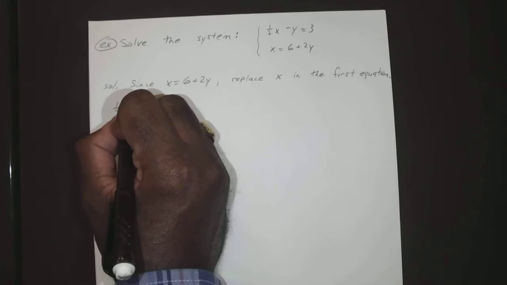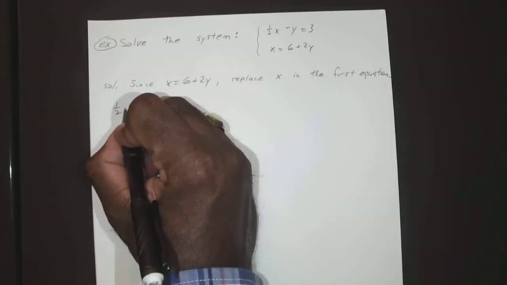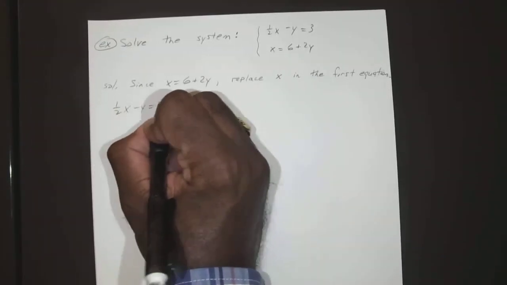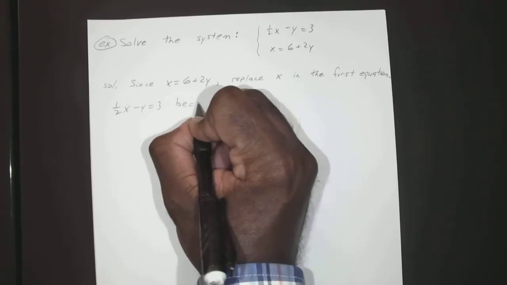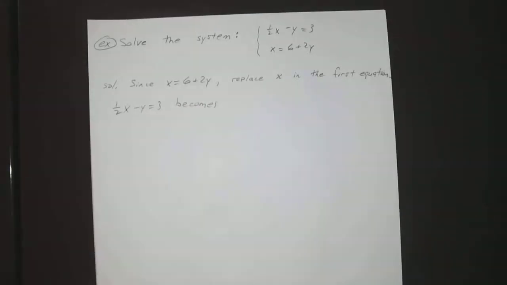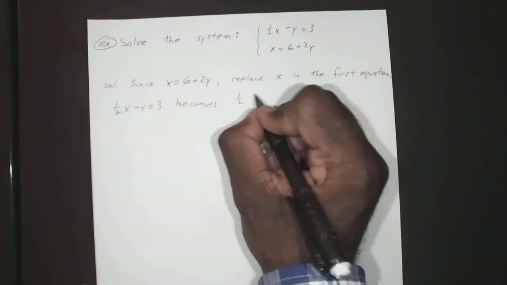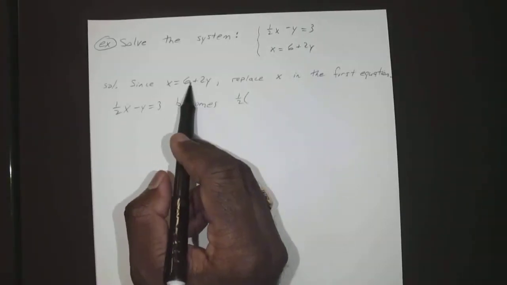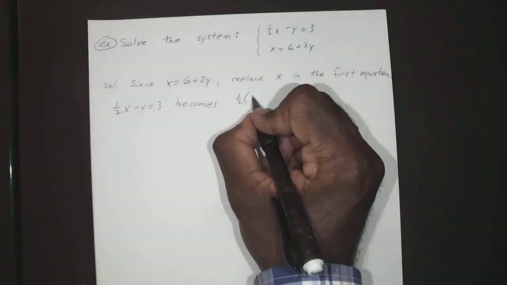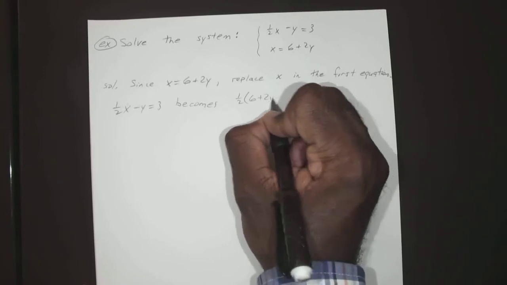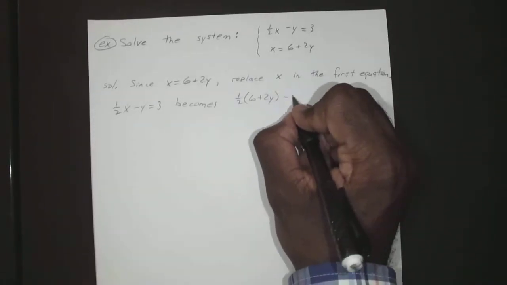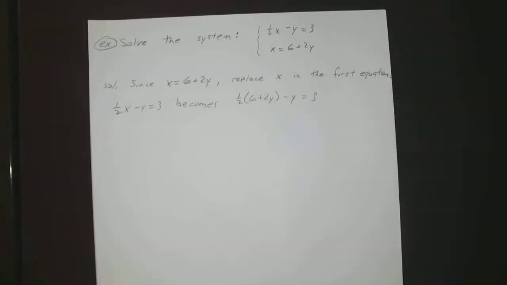So 1/2 x minus y equals 3 becomes 1/2 times (6 plus 2y) minus y equals 3.